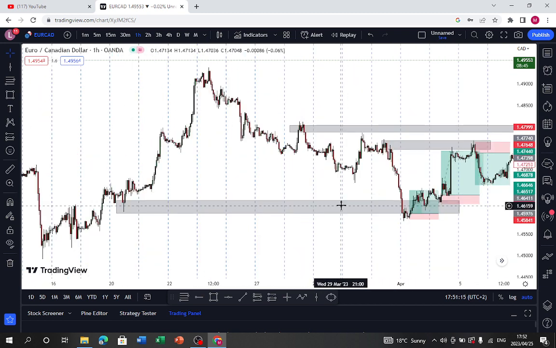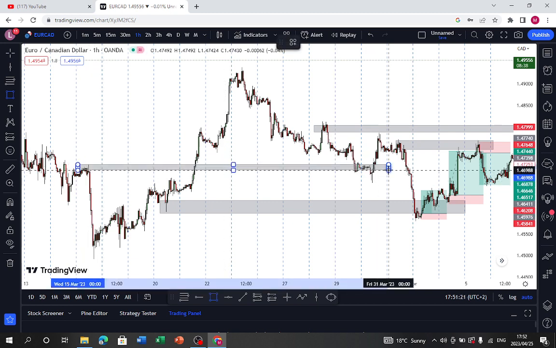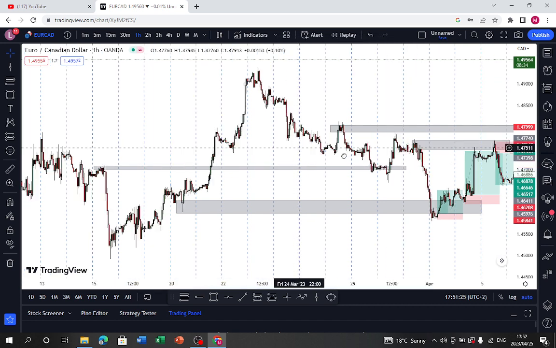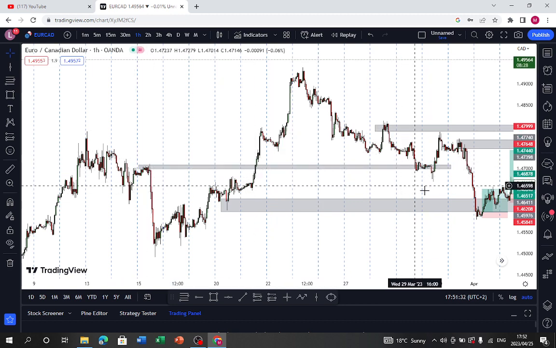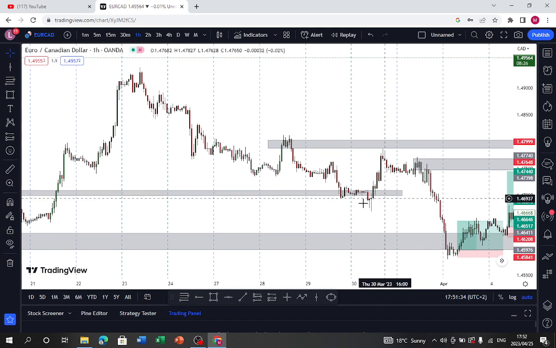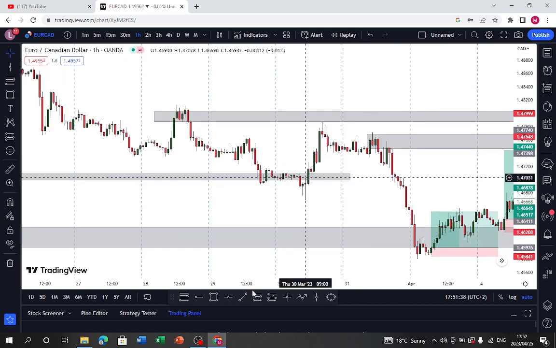Let me continue just to make this example more clear. We are at a support zone. The reason why I'm doing this is because this is a break and retest. I want to make an example about break and retest. So the market broke this resistance, then resistance turned into support. Pay close attention. We are looking for an engulfing candlestick. This is an engulfing candlestick.